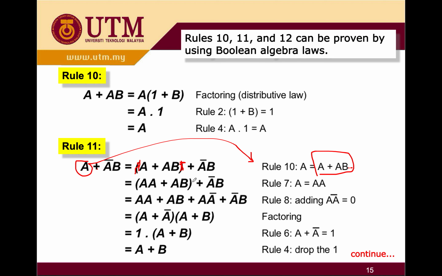So over here, A also equals A dot A. This is rule number 7. So later on you need to prove all these steps, because sometimes you are given a question: please prove this equation is similar to this one.